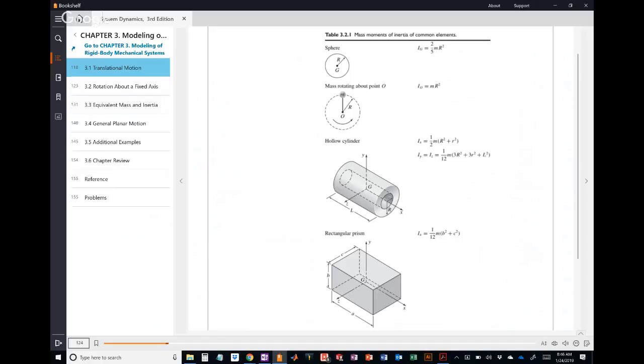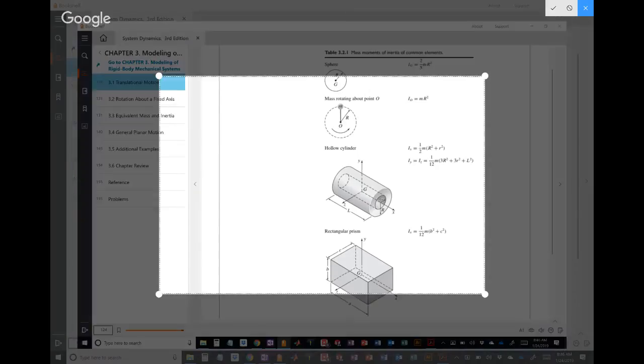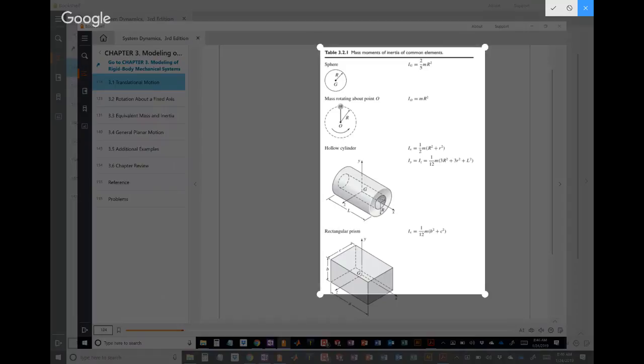So you've got this table. And I'll just put this here. And I'll show you kind of how we can work these. You've got the table 3.2.1.